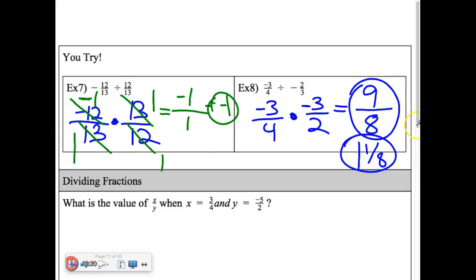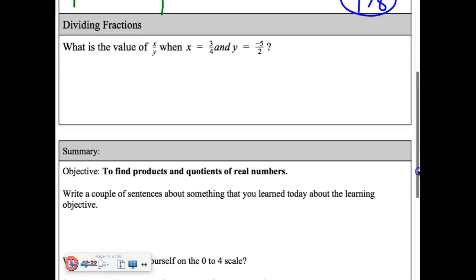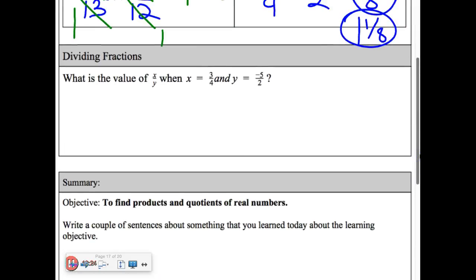All right, the very last thing we're going to do is a little bit of a combination of things. One of the first things we did in order of operations is that I'm giving you an equation and we are going to plug stuff in and then we're going to solve. So right now I'm asking you what's the value of x divided by y when x equals 3/4 and y equals negative 5/2. Okay, so I'm going to write this how I see this.